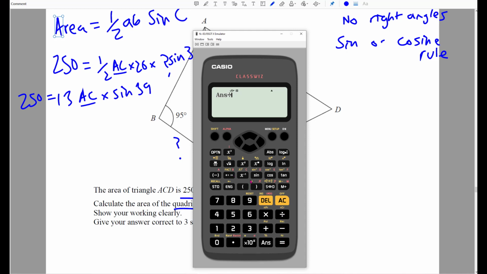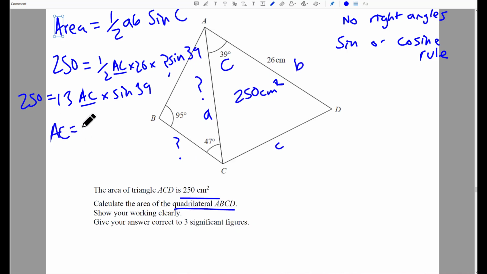Now divide the answer by sine 39, and let's call that 30.56. So AC equals 30.56 to 2 decimal places.